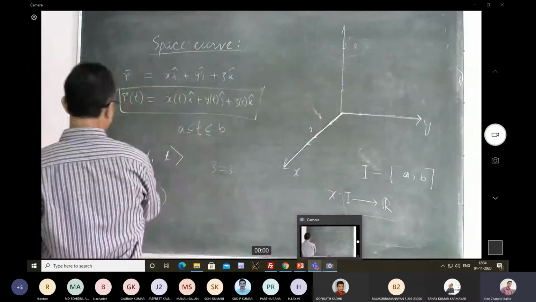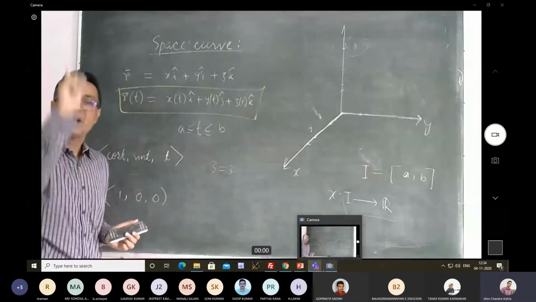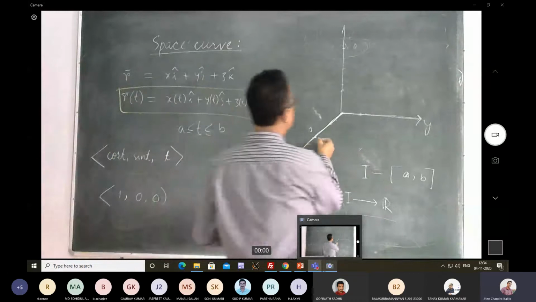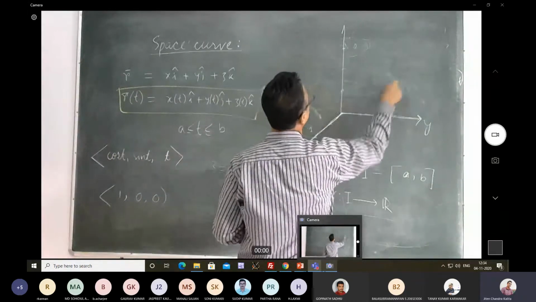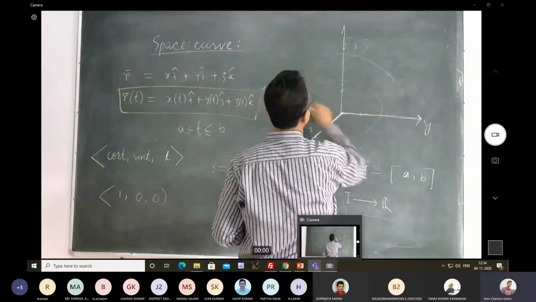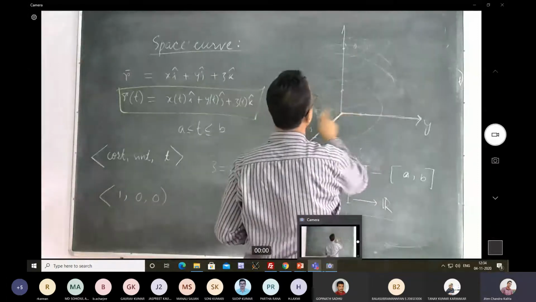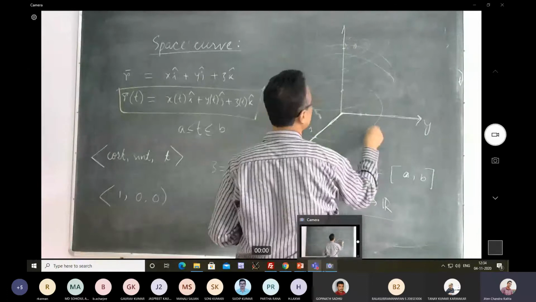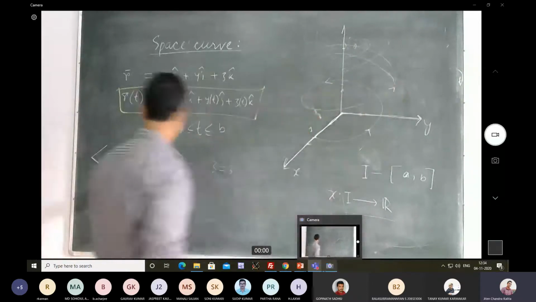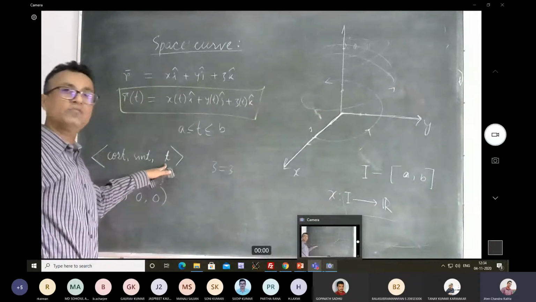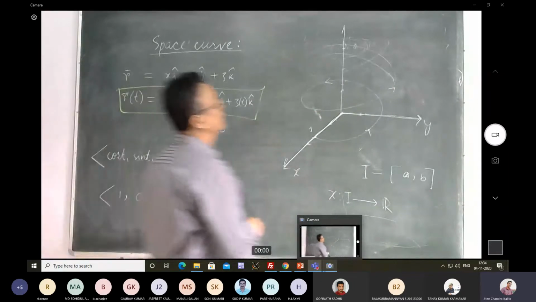But now you see that at each time it is being elevated by t units. So it is going to elevate like this. Are you getting my point? It is going to elevate like this, because of the coordinate of k. Fine.